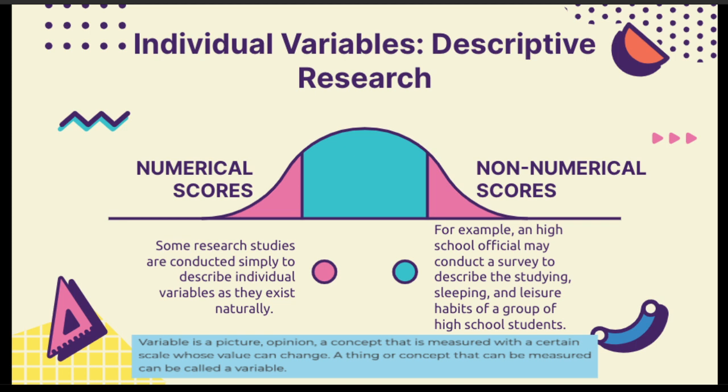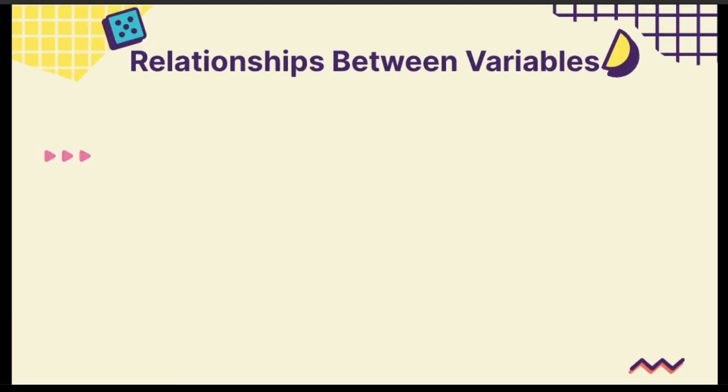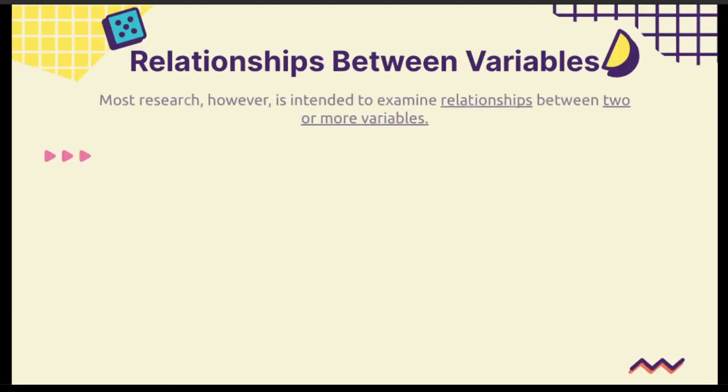Numerical scores are the ones that are treated by statistical techniques, and the non-numerical scores are the ones that are typically described by computing the proportion or percentage in a category.